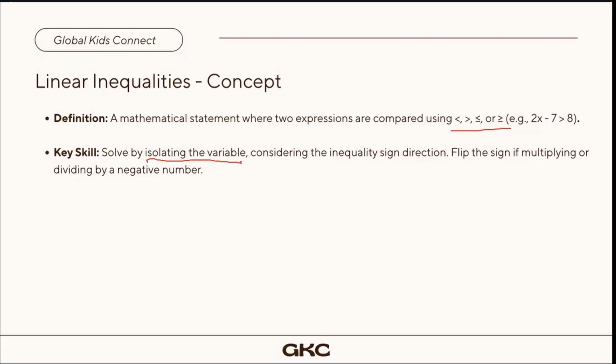And then considering the inequality sign direction. And so don't get confused. Make sure to clearly read and understand which side the inequalities are in. And then lastly, flip the sign if multiplying or dividing by a negative number.